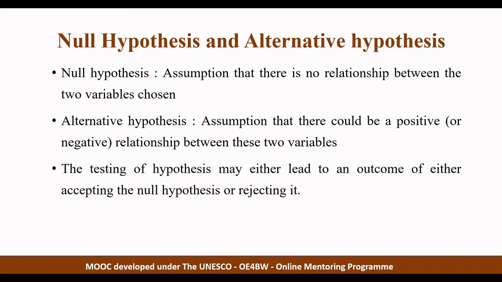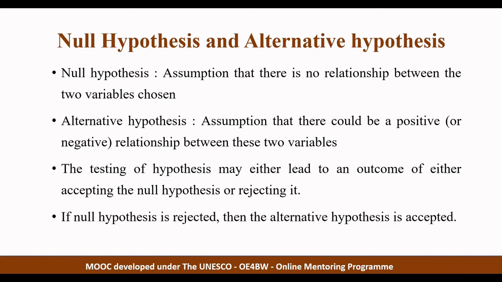Thus, the research plan would be based on these guidelines. The testing of hypothesis may either lead to an outcome of either accepting the null hypothesis or rejecting it. If null hypothesis is rejected, then the alternative hypothesis is accepted.